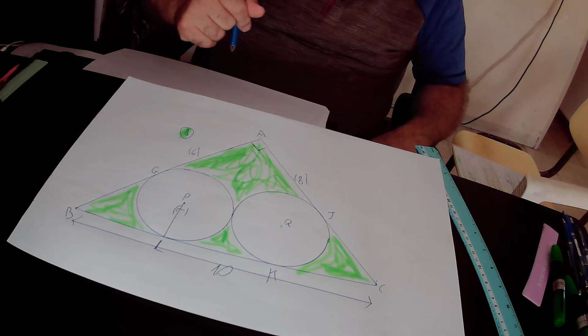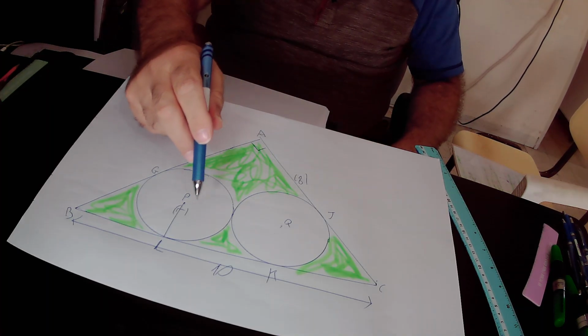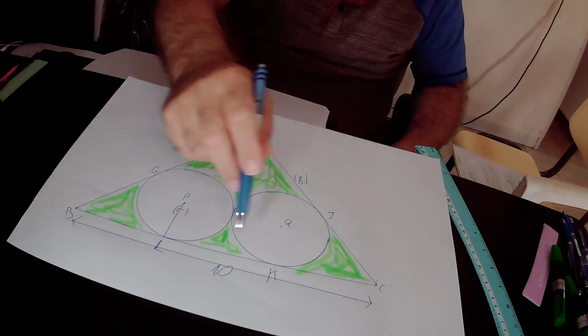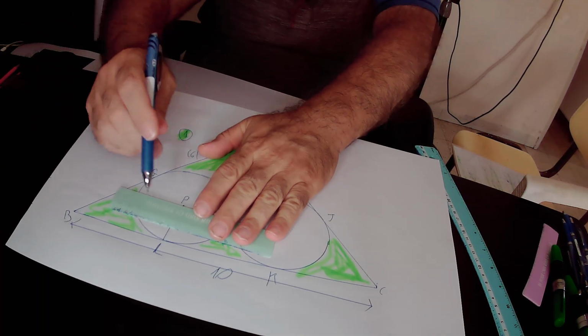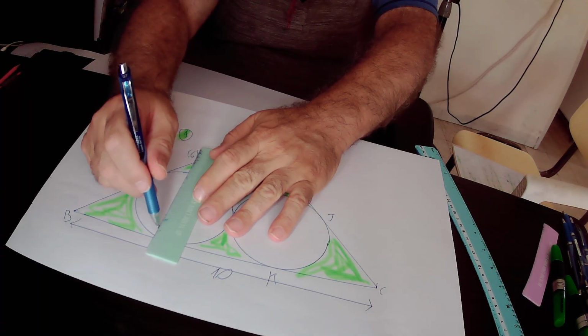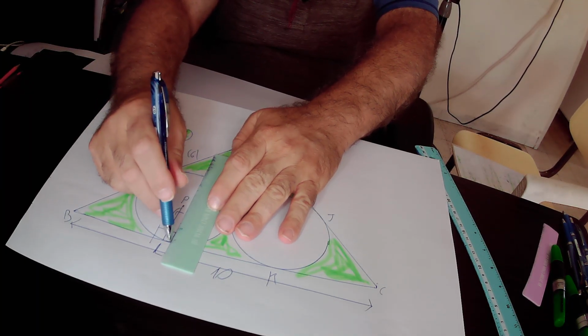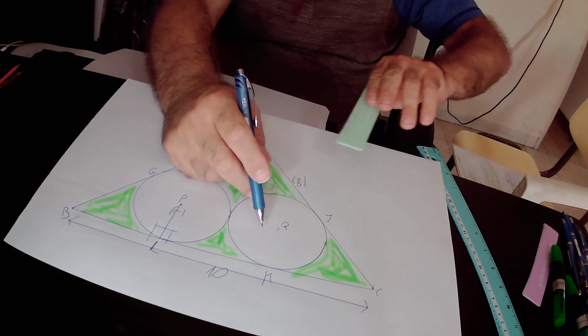Whenever a radius is drawn to the point of tangency, the tangent BC is perpendicular to the radius LP. If BC is perpendicular to LP, this angle equals 90 degrees. And this angle also equals 90 degrees according to rule 1. Likewise, we join points Q and K together with a line.